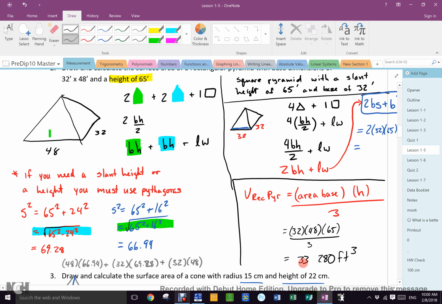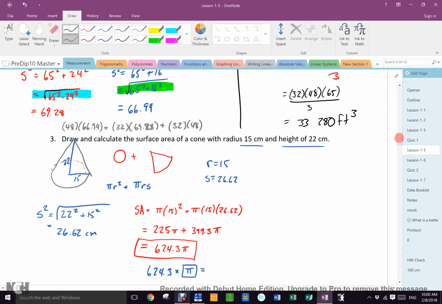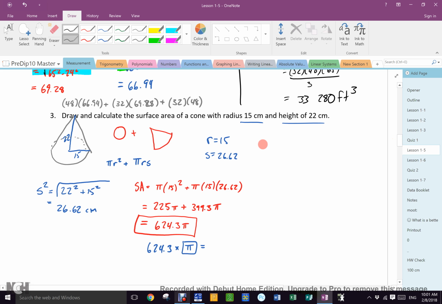Everybody good? All right. A cone. What's a cone? A pyramid or a prism? It's a pyramid, so it's still area of the base times height. But since it's a pyramid, it's divided by 3. So it's pi r squared h divided by 3. Pi r squared in this one, what's r?